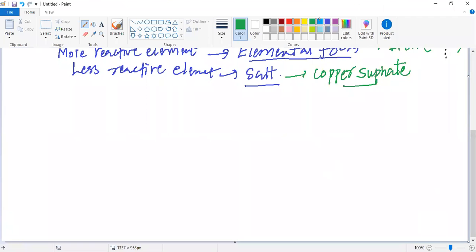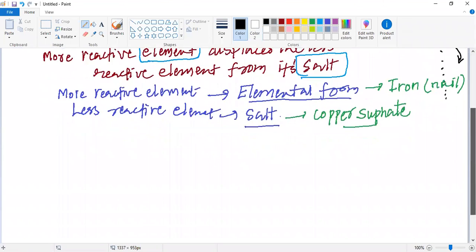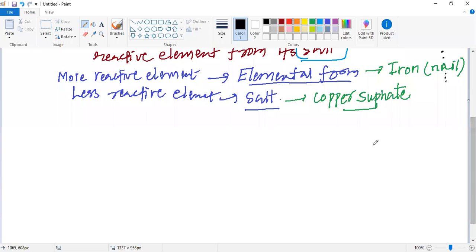First we take the iron nails in the solid form. Iron nails are always available in the solid form, so we take Fe, iron, in the solid form. We add these iron nails into the solution of copper sulphate, which is CuSO4 aqueous.